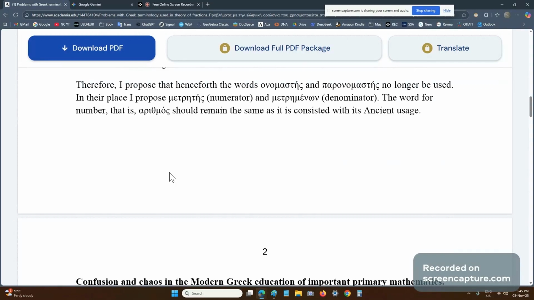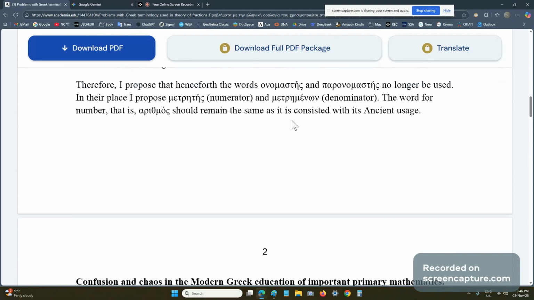I always stand up for truth, regardless of how inconvenient it is. And modern Greeks in the mathematics community are a bunch of morons, teaching the whole theory of fractions wrong. That's why there's such a decline in the mathematical ability of Greek students, because of stupid terms like onomastis and paronomastis, which mean absolutely nothing to children.